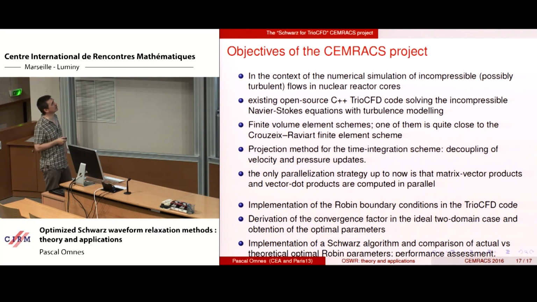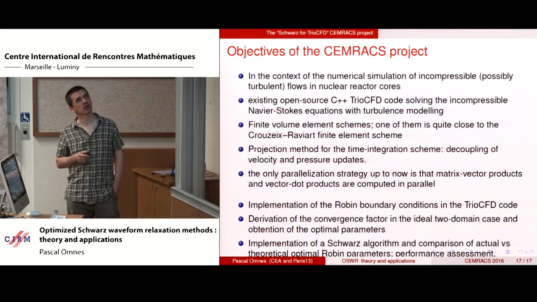Now I turn to the objective of the Schwarz for Trio CFD SEMREX project that the CEA proposes this year. This is in the context, as I told you, of a numerical simulation of possibly turbulent but incompressible flows in nuclear reactor cores. Up to now, we have an open source C++ code, which is called Trio CFD, which solves the incompressible Navier-Stokes equations with turbulence modeling.